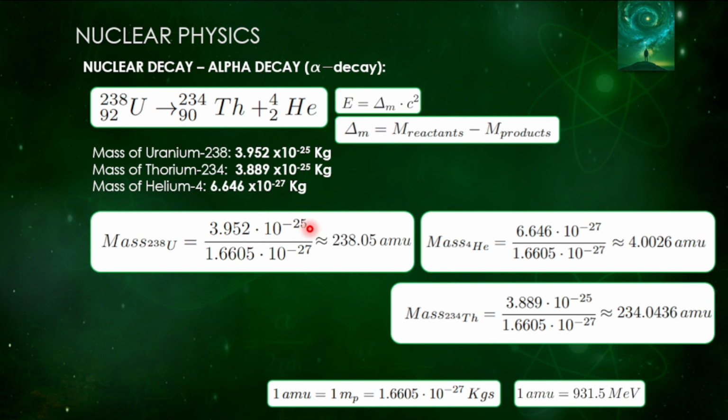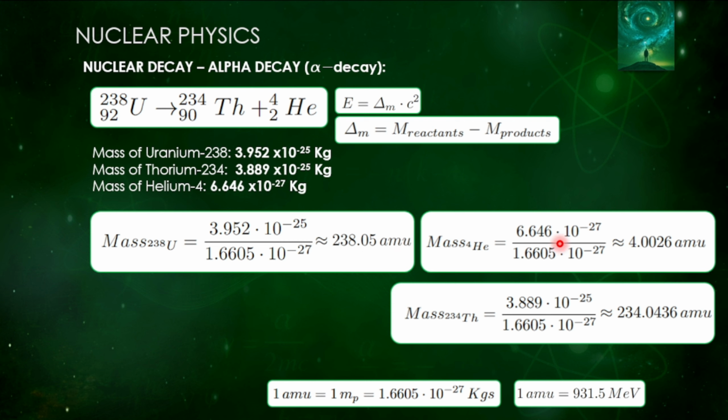That's the mass of one atom of U-238. You divide it by the scale, 1 AMU, which is 1.6605 × 10^-27 kilograms. You get 238.05 AMU. A relatively heavy atom, as you notice here.